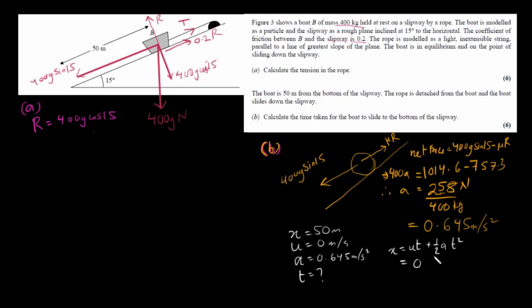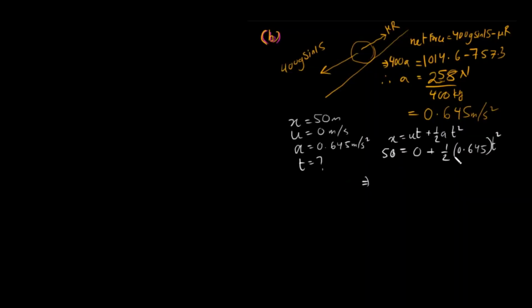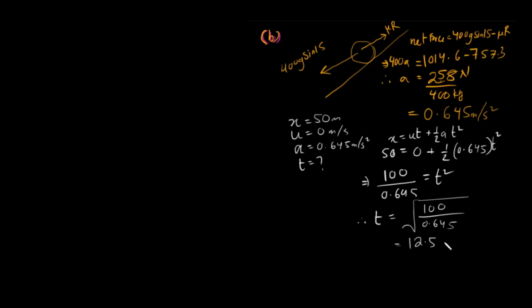Since the initial velocity is 0, it is half times 0.645 t squared, and the displacement is 50. 2 into 50 is 100. 100 divided by 0.645 equals t squared. Therefore, t equals the square root of 100 divided by 0.645, and that is 12.5 seconds.